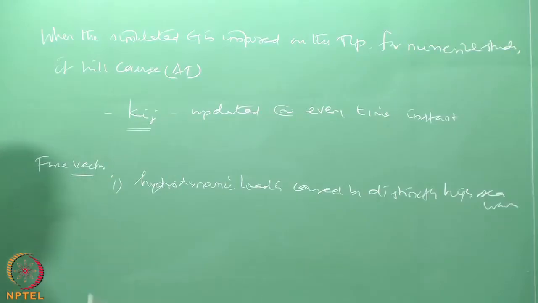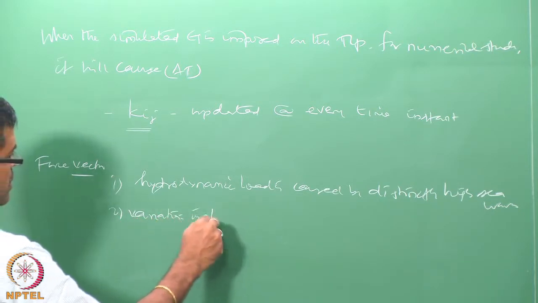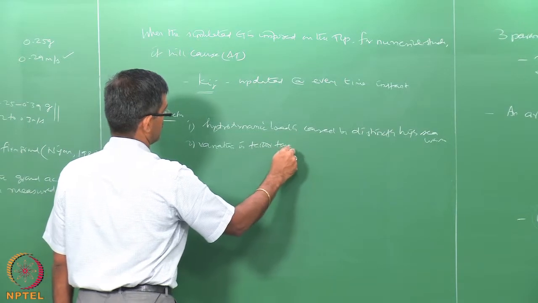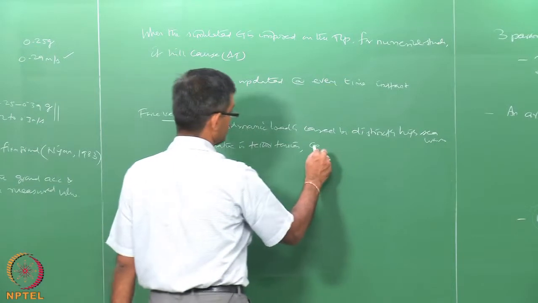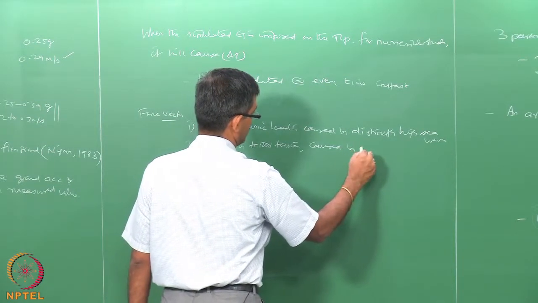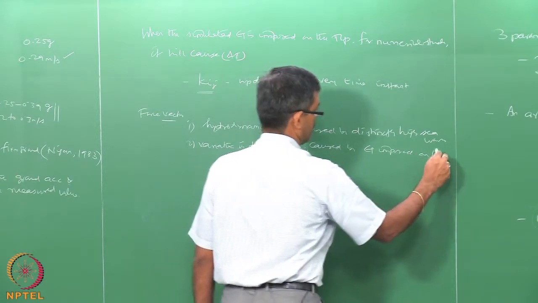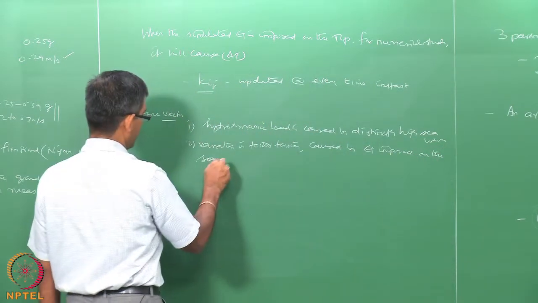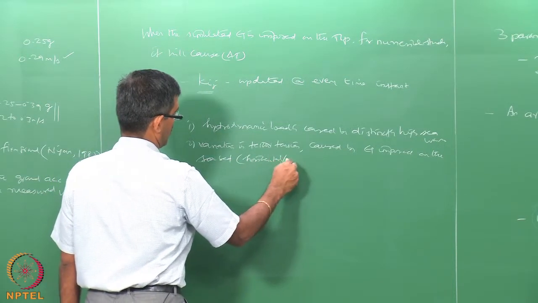The second is variation in tether tension caused by earthquake imposed on the seabed, both horizontal and vertical.